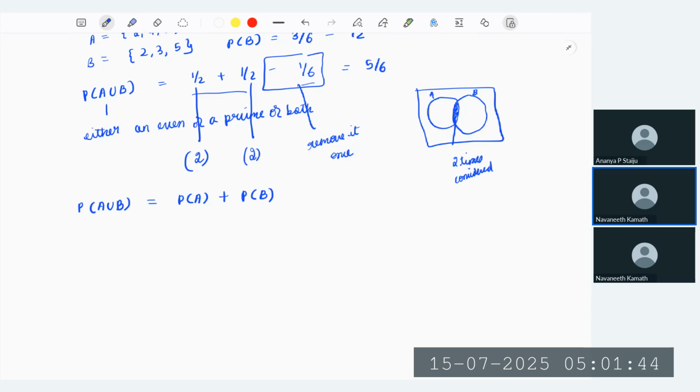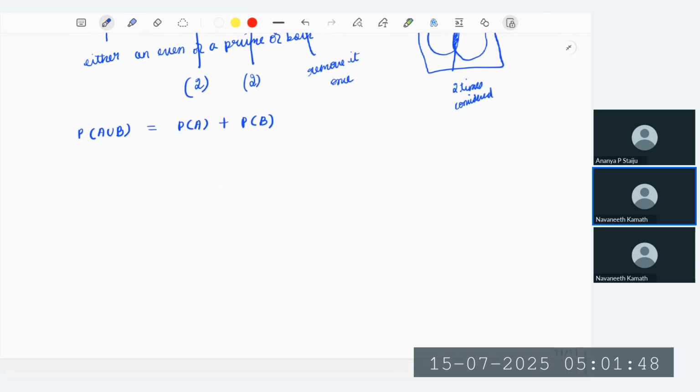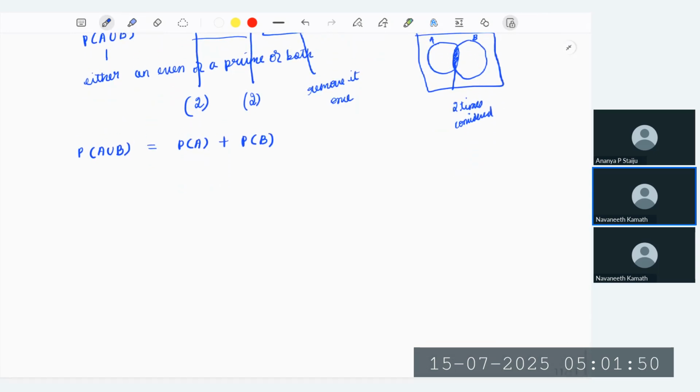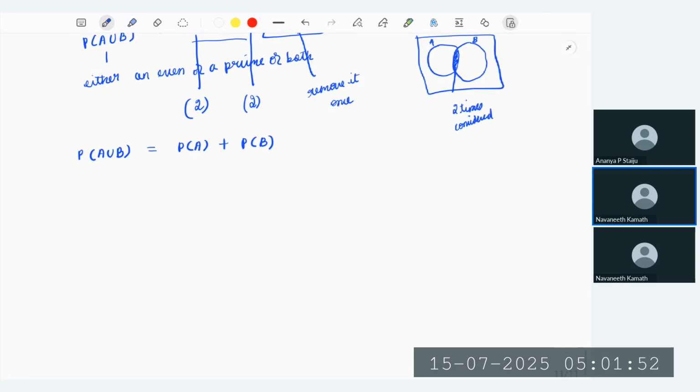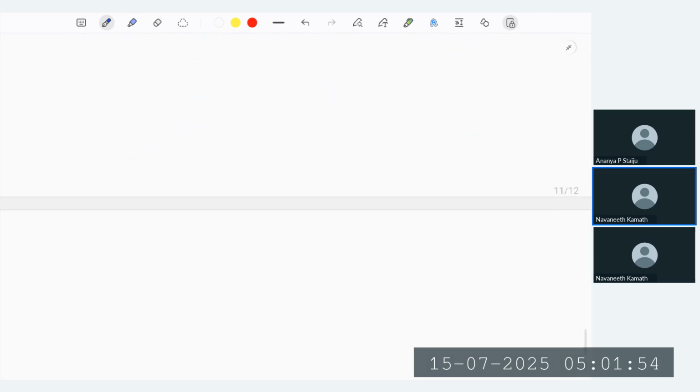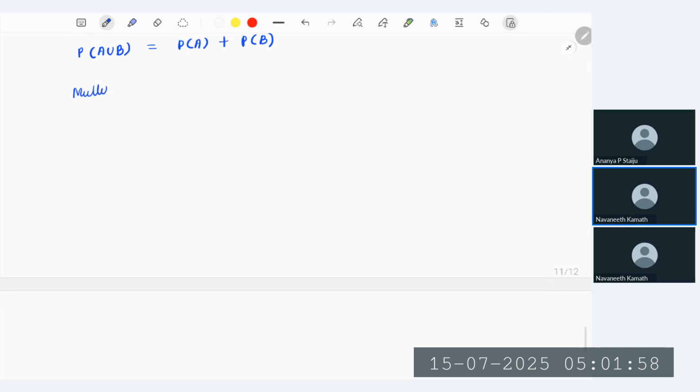Next, we have the multiplication rule. The multiplication rule is generally for the probability of the common thing between those two events.